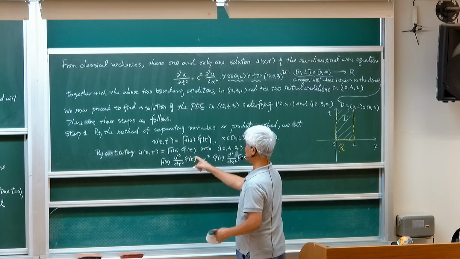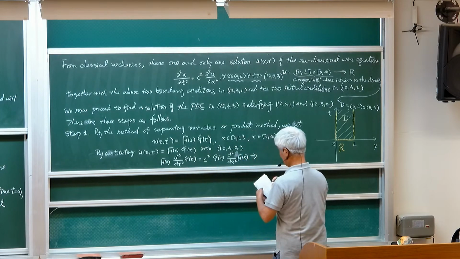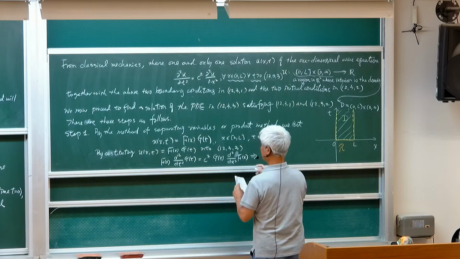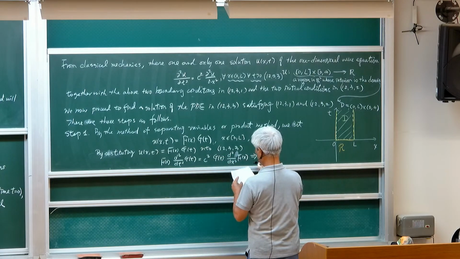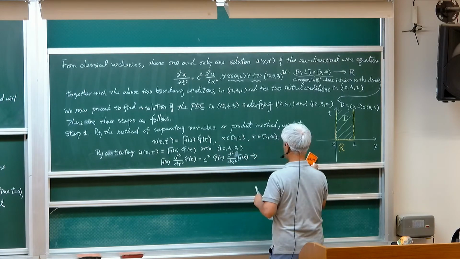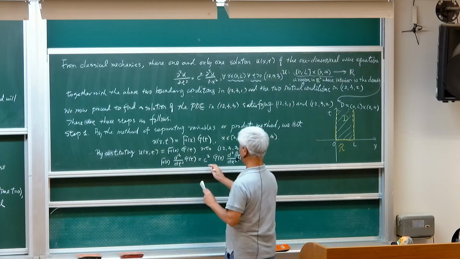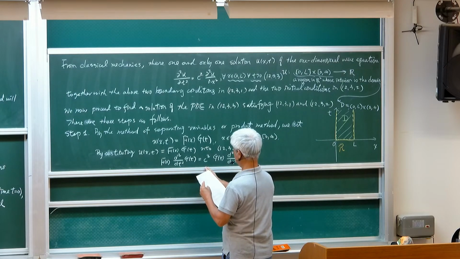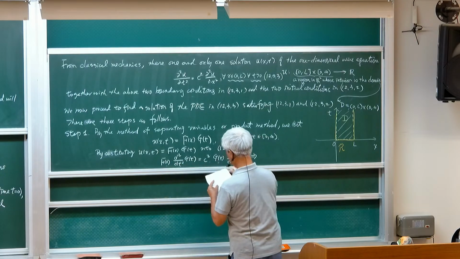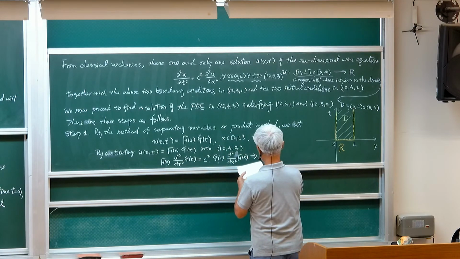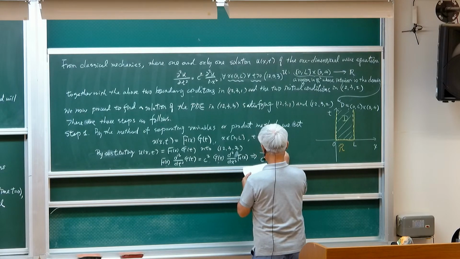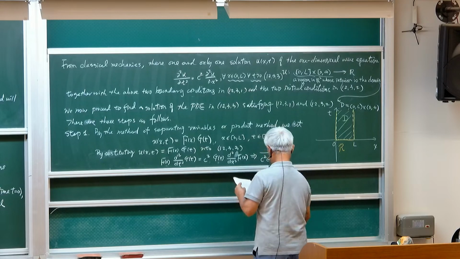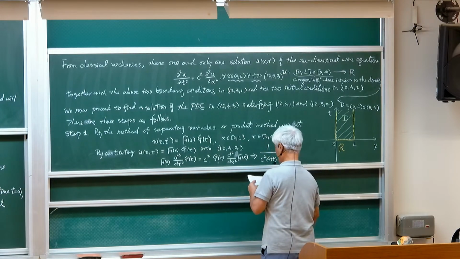So now we divide both sides by c squared, f of x and g of x. So we get c squared g of t here.